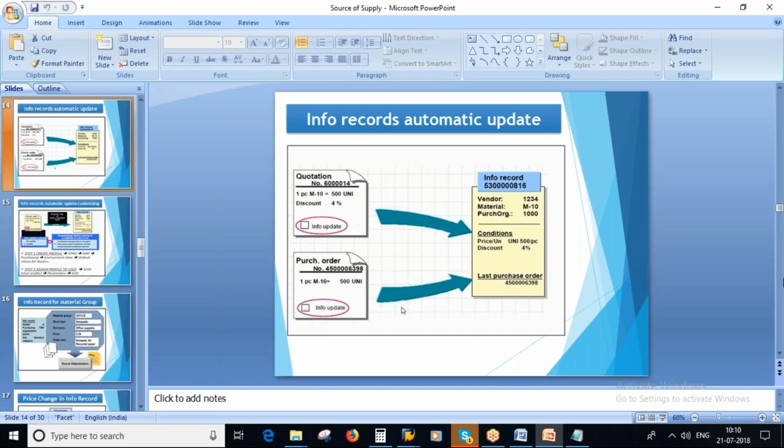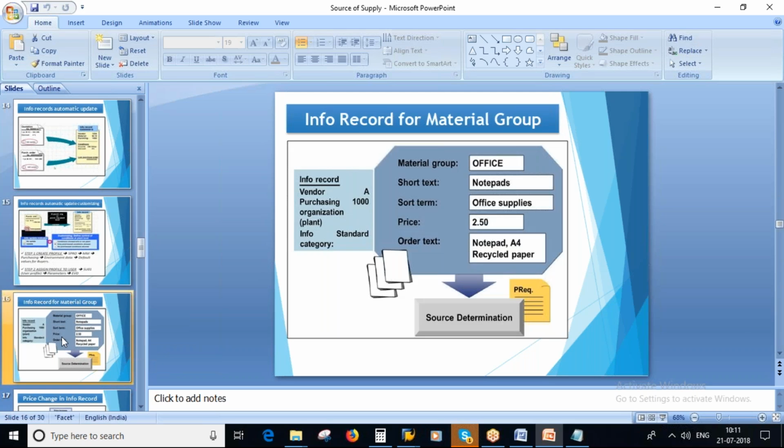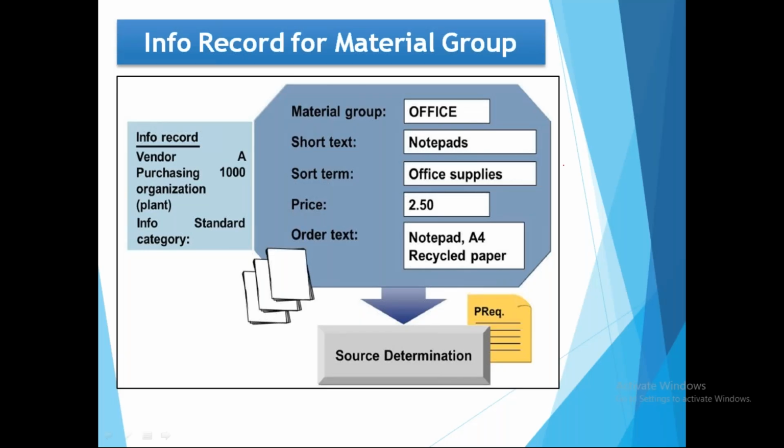Now the next thing we'll be discussing is info record for material group. You can create an info record for a material group also, that means without a material. Suppose you have a vendor, you have a purchase organization, of course you have the plant, but you don't know the material.